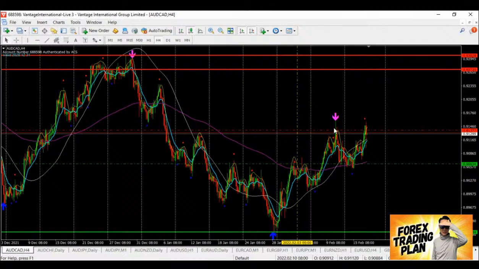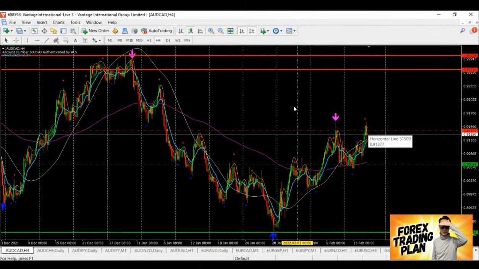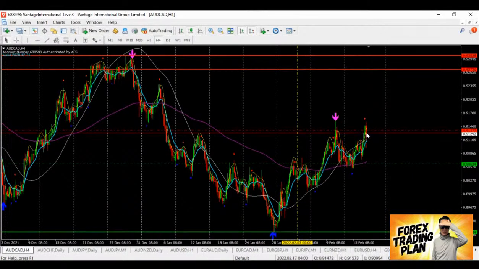Although we met up with an H4 resistance over here, this resistance will give us a signal of a retracement. So you can grab the retracement before the H4 sets up a new support, so that you will be able to grab some profit, but it's a short-term profit. It's against the trend, so please be careful with that.